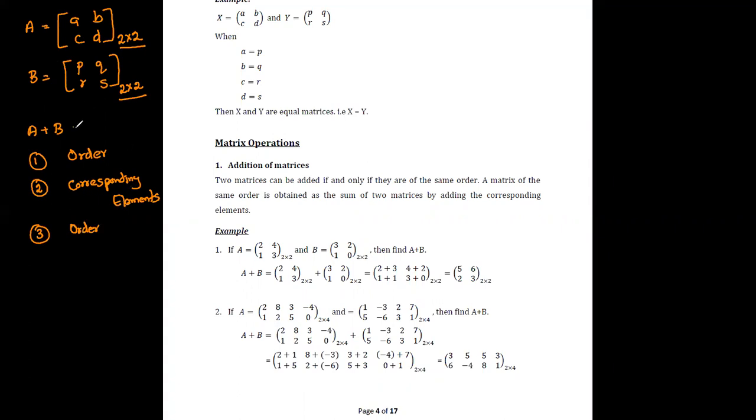Therefore, if we let A plus B be the matrix C, then C also has the order of 2 by 2. Therefore, C should be a matrix having the elements, and it should also be a 2 by 2 matrix. It is because the order of the initial matrices is 2 by 2.